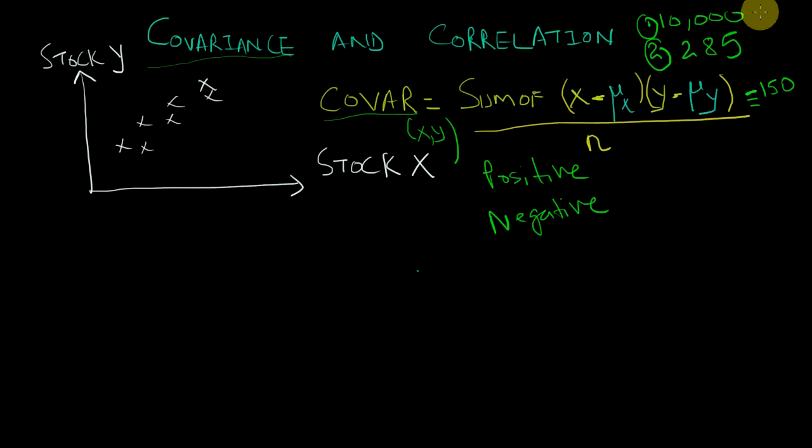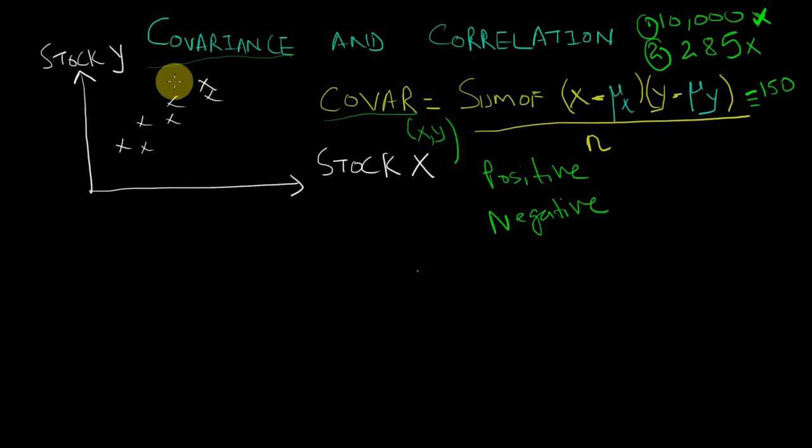Now you might think the pair with the higher covariance has a stronger relationship, but that's not true. Just having a higher number doesn't tell us anything about the strength of the linear relationship. That's one of the biggest issues with covariance.